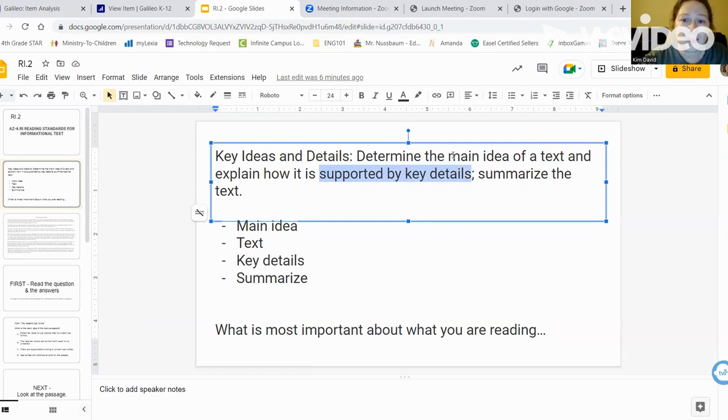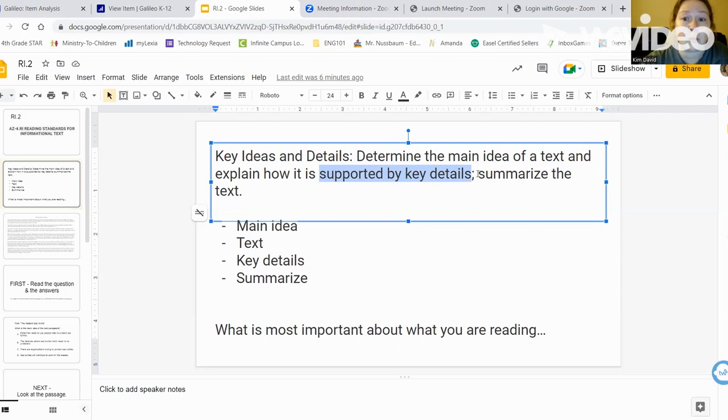So remember, the main idea is the most important thing, that most important concept of what you are reading. What is it in an informational text that the author is wanting you to know about? And then how is it supported by key details? So what are all the smaller pieces of information that support that bigger piece of information?